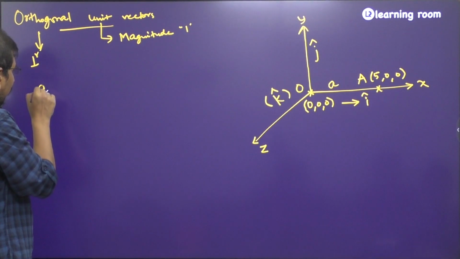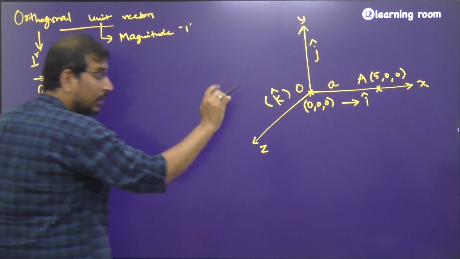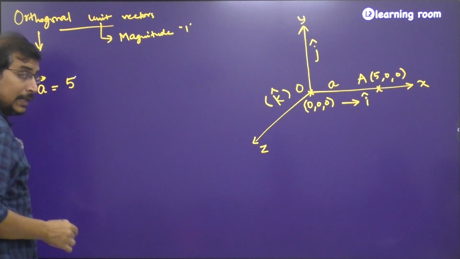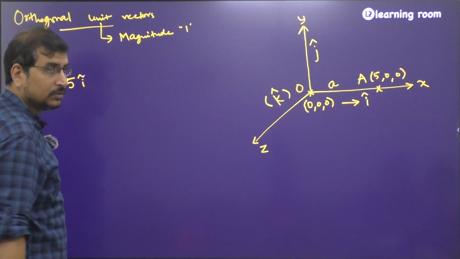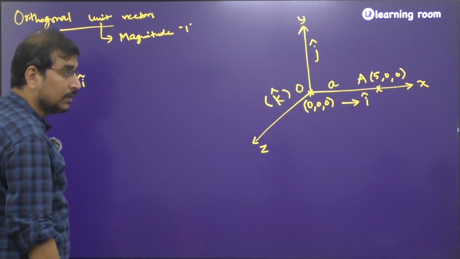Then in this scenario, I will write A vector as, what is the magnitude covered by the person when he has moved from O to A? 5. And what is the direction in which they have moved? It is I cap. So A vector is written as 5 times I cap.